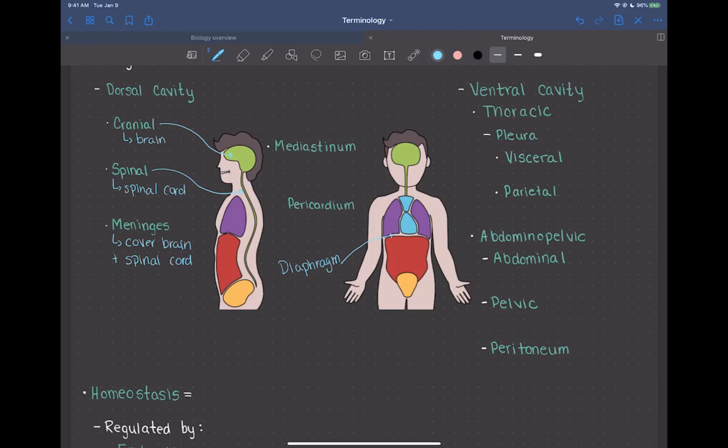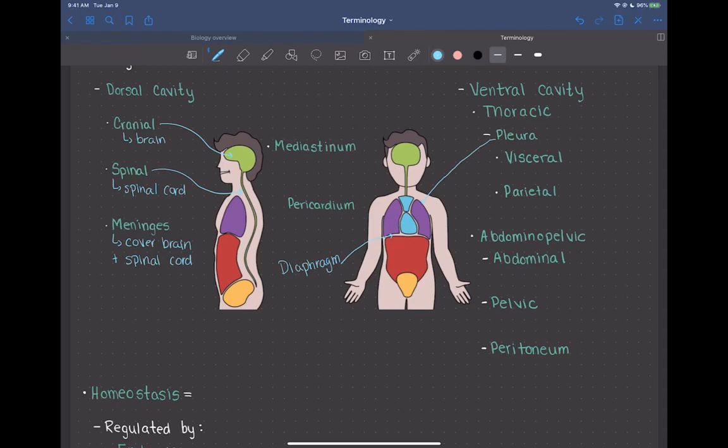All right, so let's talk about the thoracic cavity first. Within the thoracic cavity, we can divide that further into two additional cavities. The majority of the thoracic cavity is going to be taken up by the lungs, right? That's typically what we talk about when we talk about the thoracic cavity, is where those lungs are located. And they're going to be surrounded by pleura. If I were to point to where the pleura would be located, it would be essentially right there on the edge of that thoracic cavity.